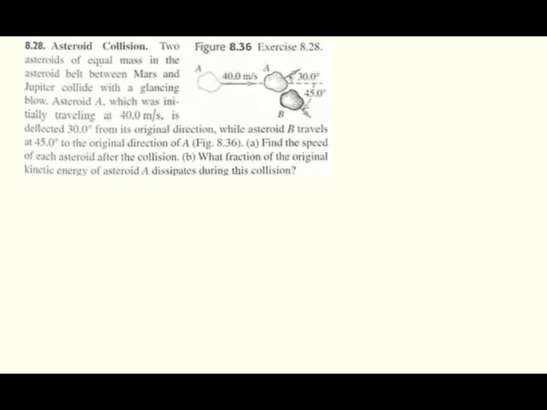So a little over 80% remains, and a little less than 20% gets dissipated. It could be through sound or heat or light. We don't know. We just know that we don't get to have it when we're done with the collision.